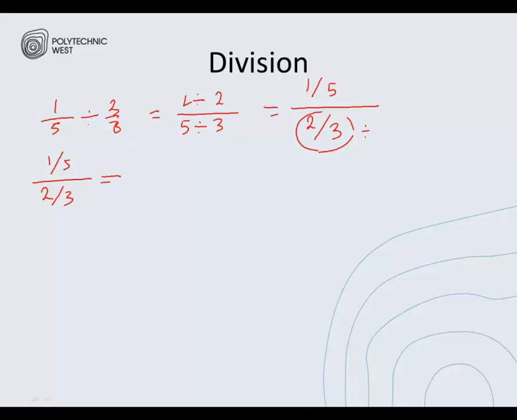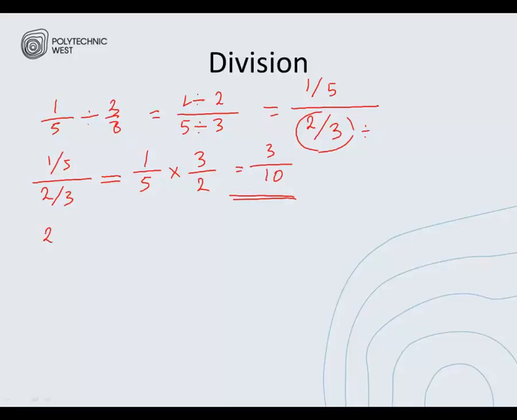Now instead of having it underneath and dividing, I'm going to turn it upside down and multiply it. 1 over 5 times, turning 2 over 3 over, gives me 3 over 2. And that's just a multiplication. So it's 1 times 3 is 3, 2 times 5 is 10. That's my answer.